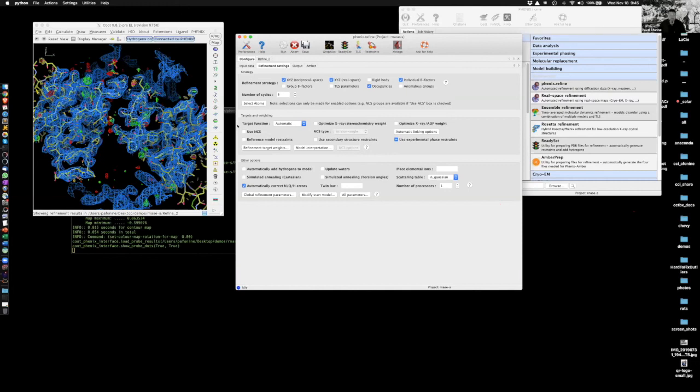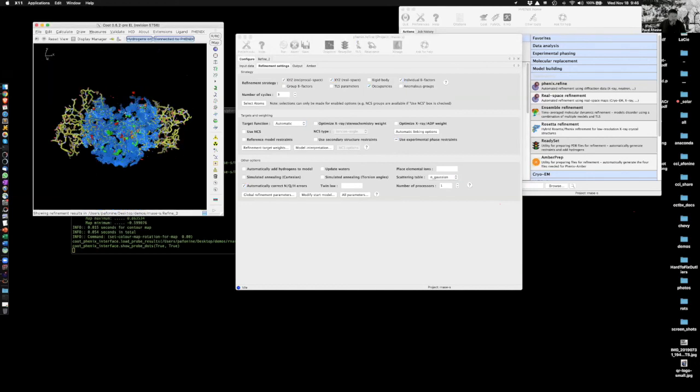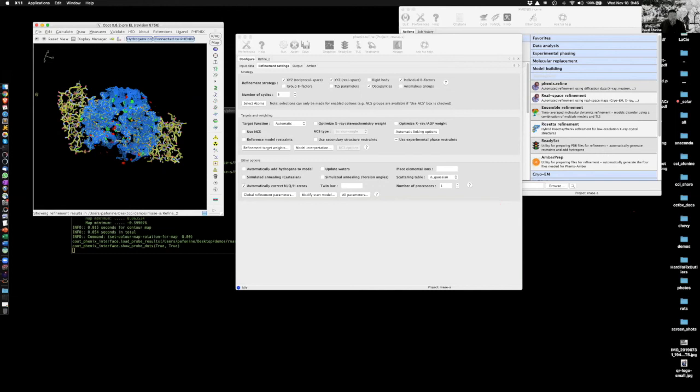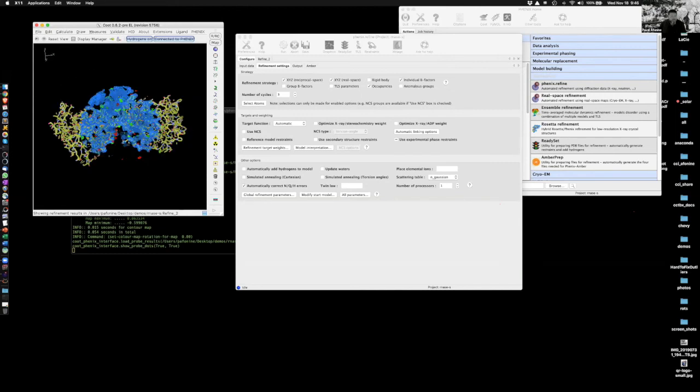So, for example, if you have NCS, you need to decide whether you want to use it. In this particular case, this is a dimer. So there are two copies, two chains, A and B, and they are NCS related. This is 2.5 angstrom resolution.